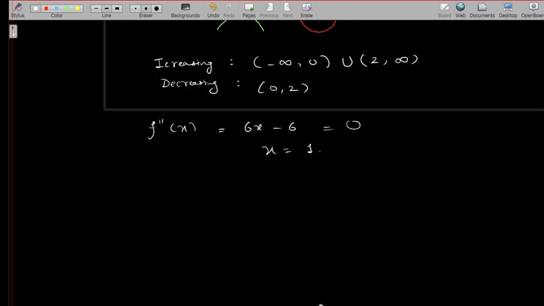Again, we'll do the sign analysis, then identify the intervals.